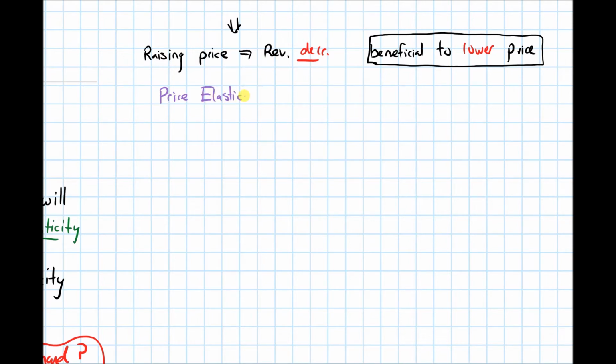And what it is, it's the percentage decrease in demand divided by the percentage increase in price.